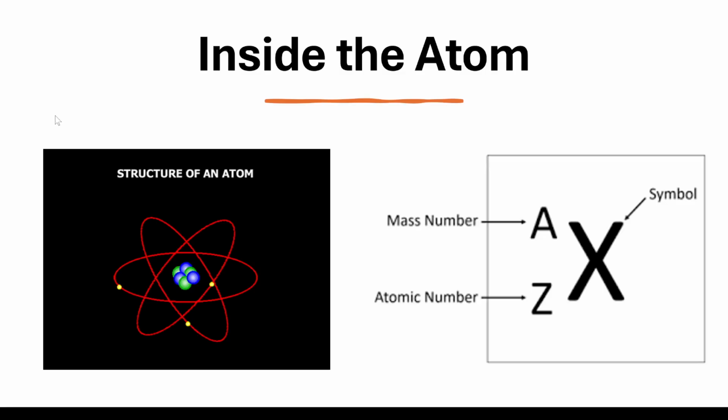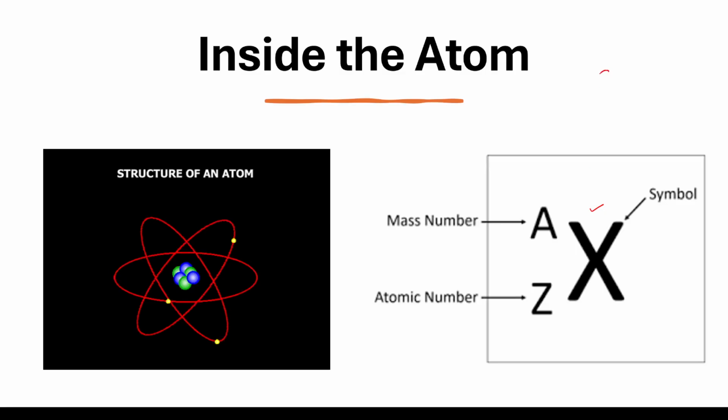The first thing that you can see on your screen is about the atom: what we know is inside an atom, and how an atom, or an element, is represented. So this is a symbol of an element.